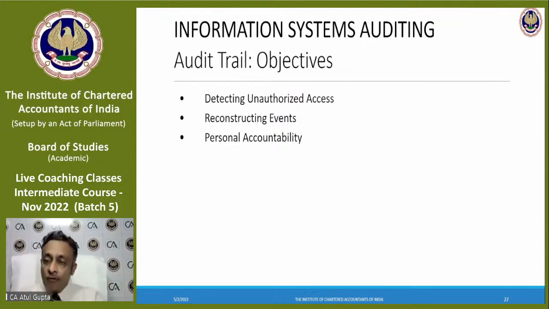Second, many times it happens that your system crashes and you call a system person, or you're working in a company and you call someone to help you come out of that system crash. So how do you go about that? The person who comes, you know what he does? He or she goes to the audit trail, the audit log of the system just before the crash, to reconstruct the event.